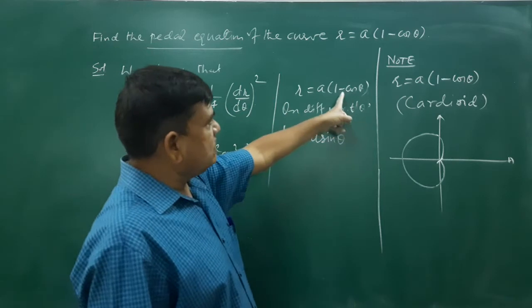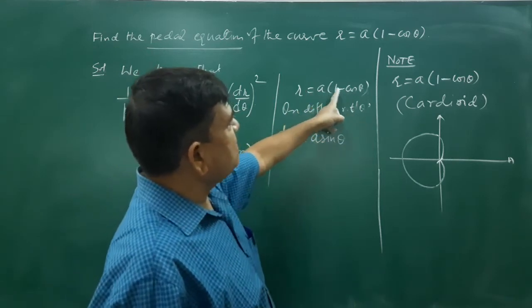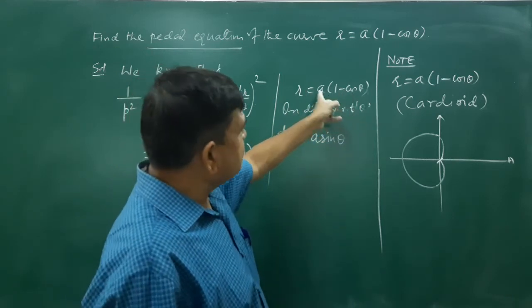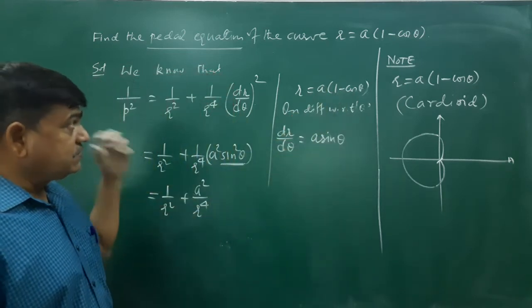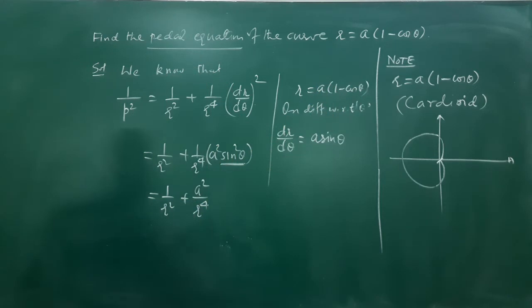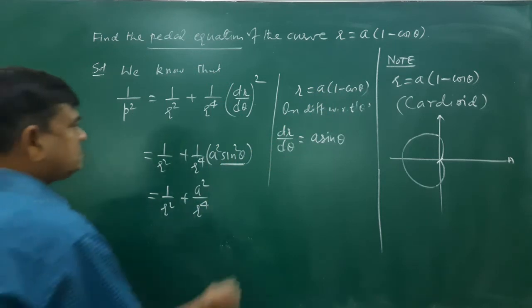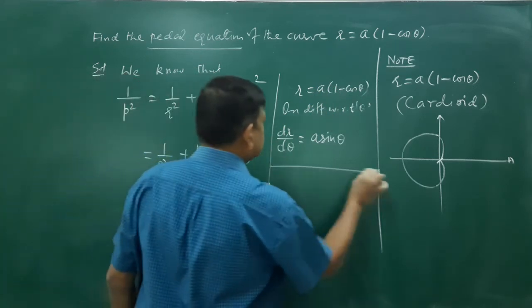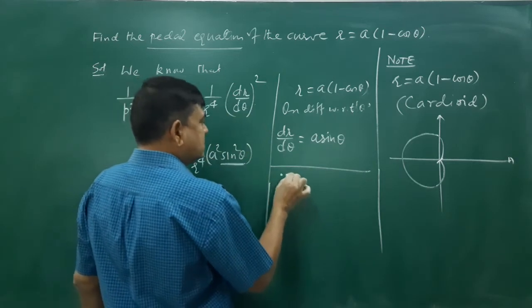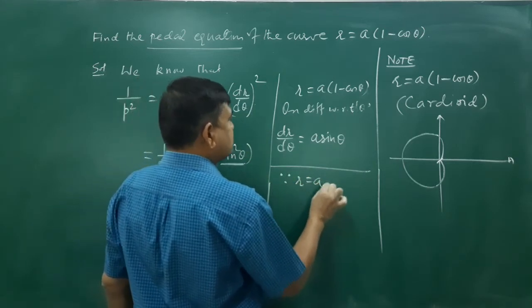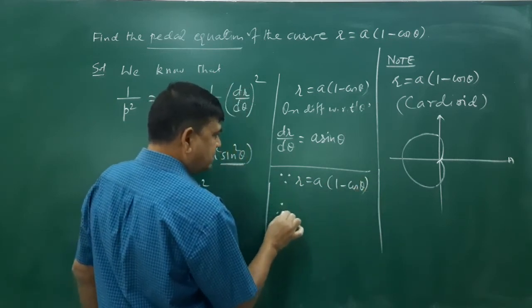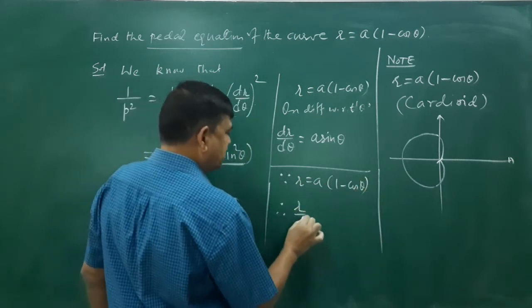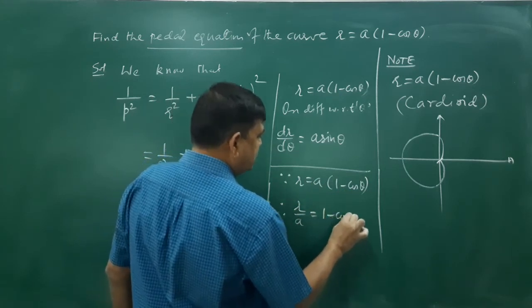Now look at this: r equals a times 1 minus cos theta. So from this one we can eliminate theta. See how to simplify this. Since r equals a times 1 minus cos theta, r upon a equals 1 minus cos theta.